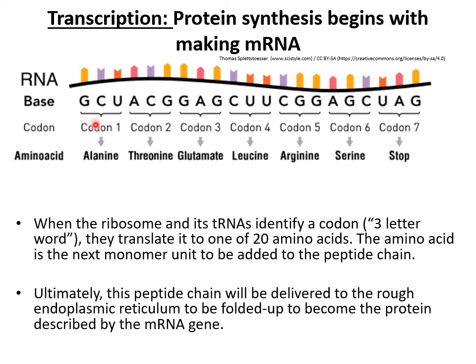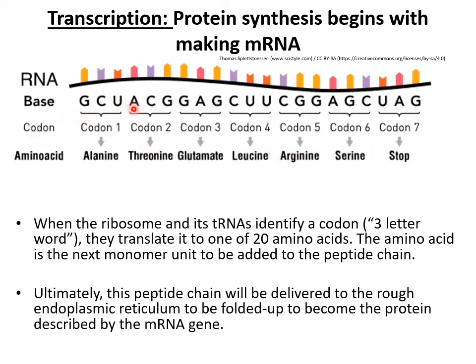So this is the way it reads. It reads GCU, and that's the first word. And the ribosome knows that that means alanine. And ACG is the second word, the second codon, and that equals threonine. And then it moves down and reads GAG, which is the third codon, which equals glutamate. And it's building a chain of amino acids.